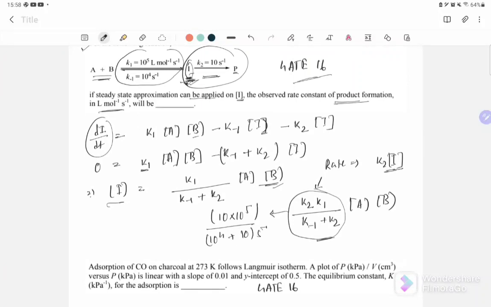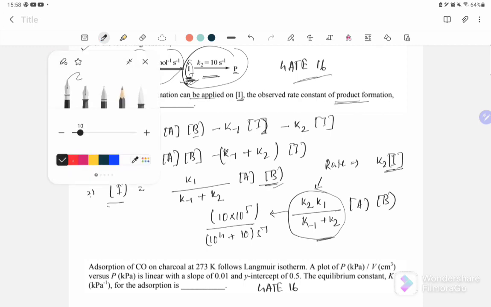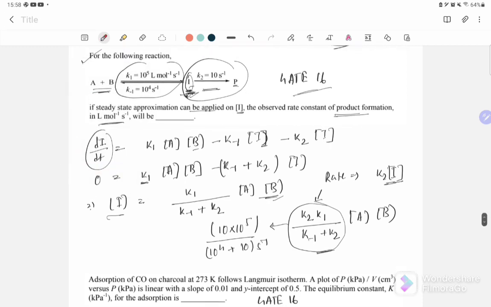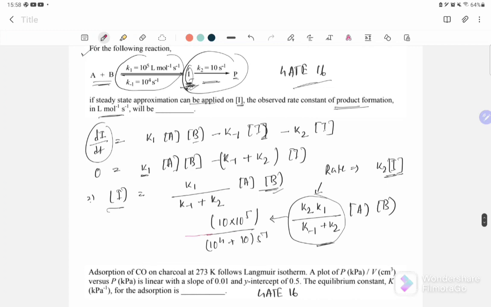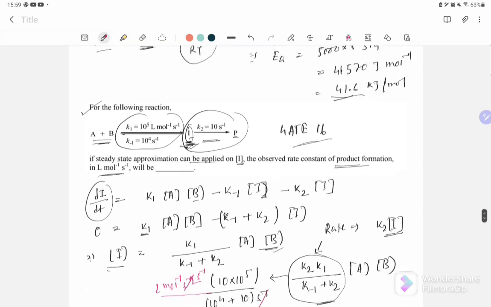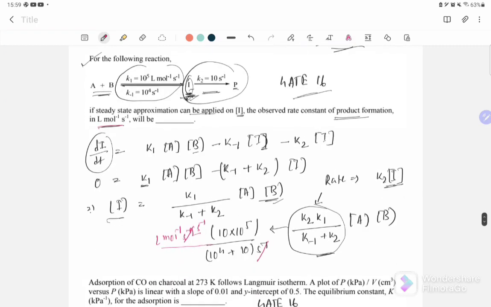So the lower part is second inverse, and the upper portion is liter mole inverse second inverse for k1, times k2 in second inverse. If we cancel this, it will be second inverse only. We got liter mole inverse second inverse.